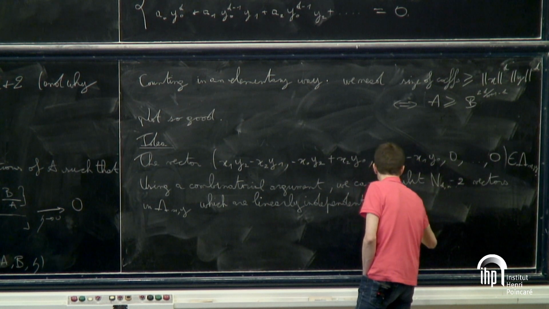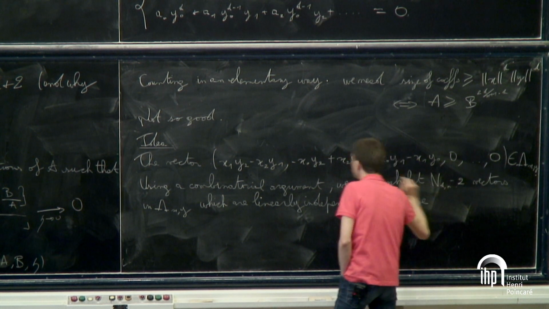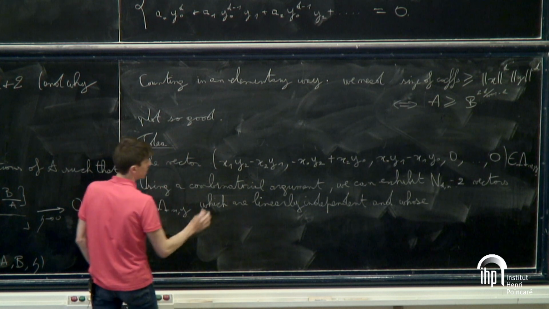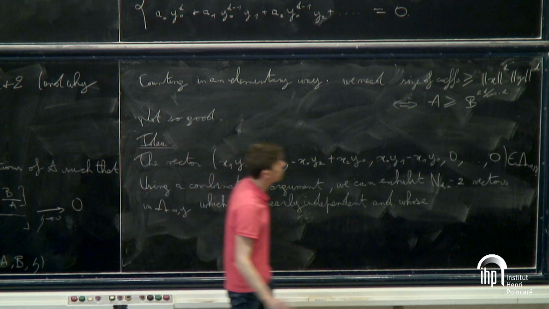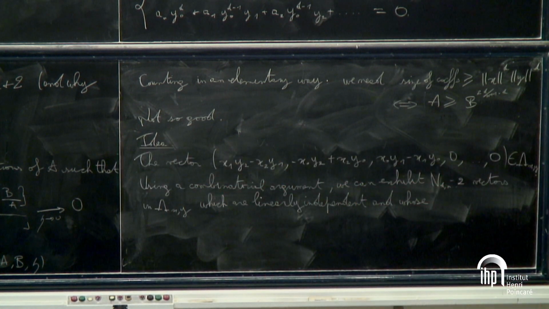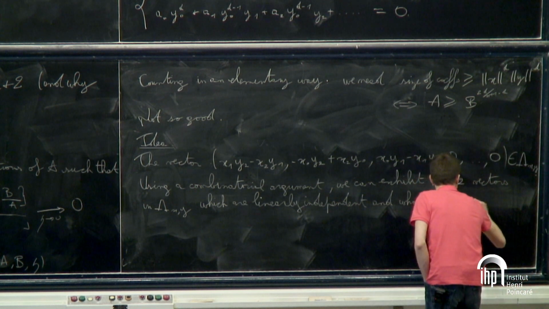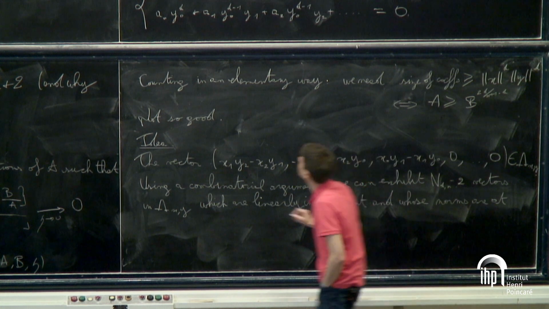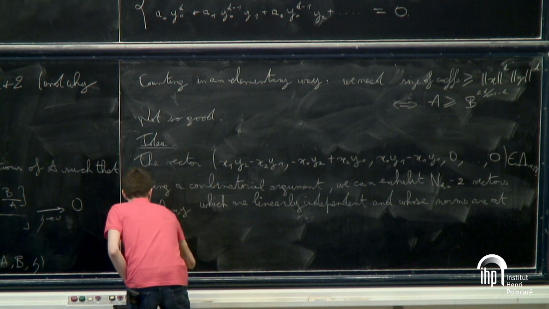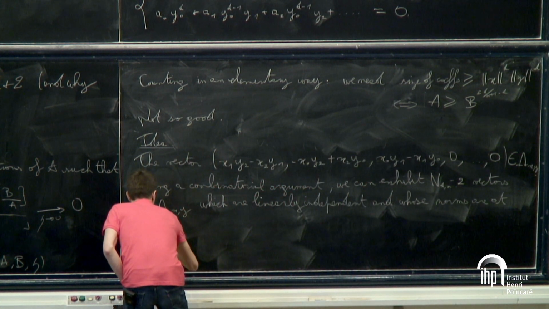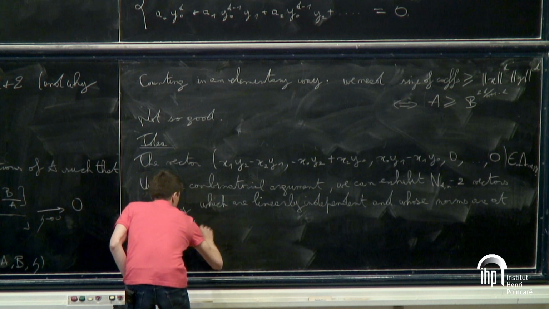And what's very important for the argument is that these vectors have a norm which is rather small, and whose norms are at most twice the norm of x times the norm of y.